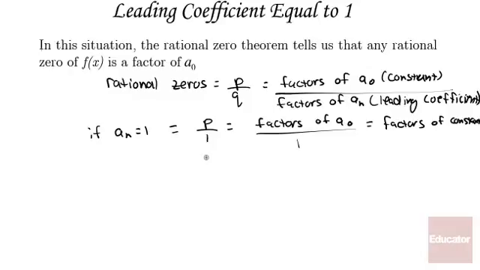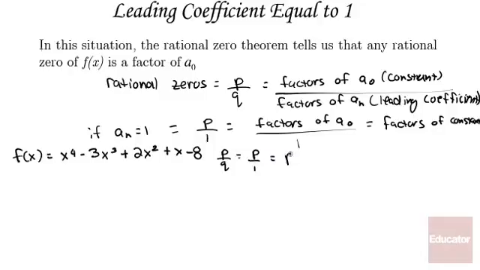For example, if I have f of x equals x to the 4th minus 3x cubed plus 2x squared plus x minus 8. I have a leading coefficient of 1, so I don't need to worry about that. p over q equals p over 1 equals p.